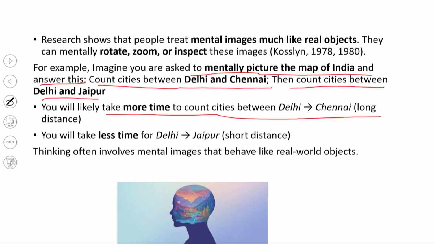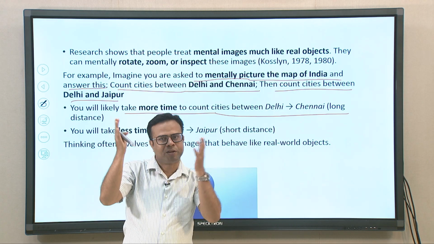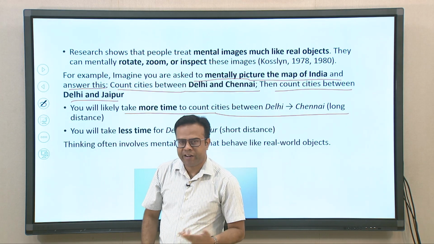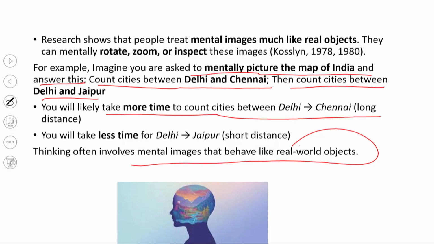So, you are more likely to answer quickly for Delhi and Jaipur as compared to Delhi and Chennai, as if you are actually physically looking at a map. So, a lot of the characteristics of actual pictures and mental pictures are almost similar. Okay. So, thinking often involves mental images that behave like real world objects. You will answer almost like you are looking at the actual map when we create a mental image of a map.